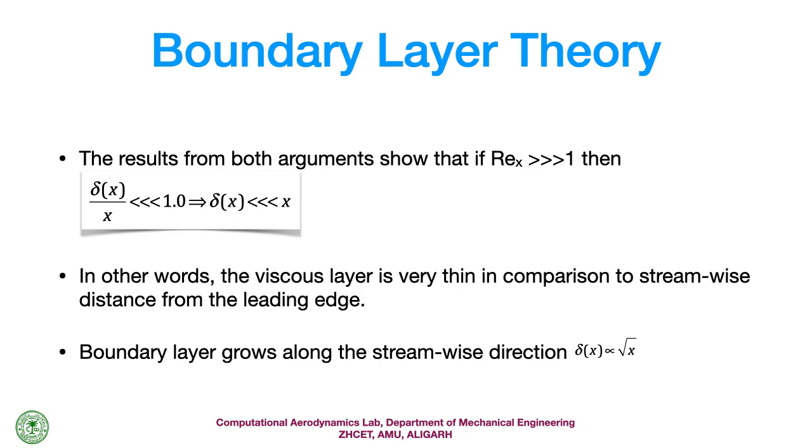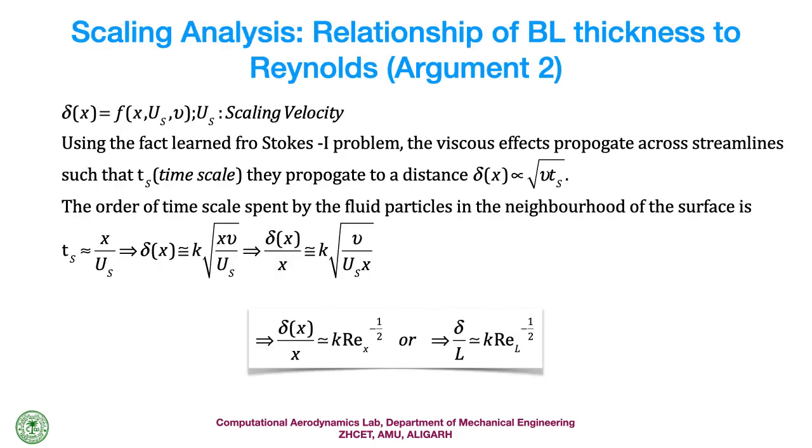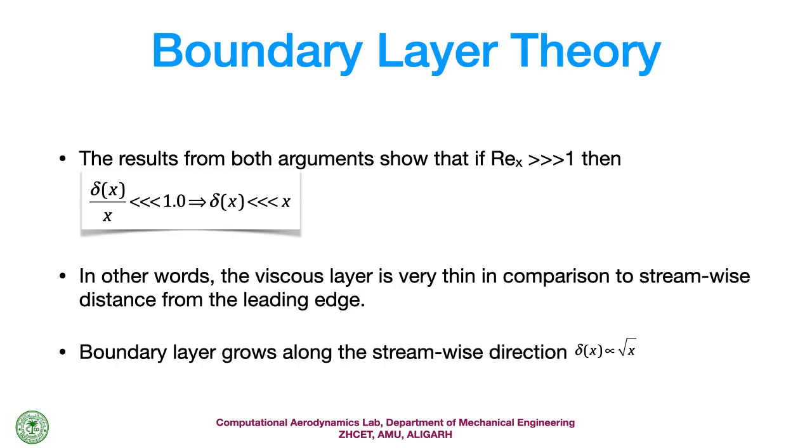Remember this relationship: delta x by x is proportional to Rex raised to the power minus half. This one important relationship gives you both arguments, that delta is much smaller than x, and delta x is proportional to x raised to the power half.